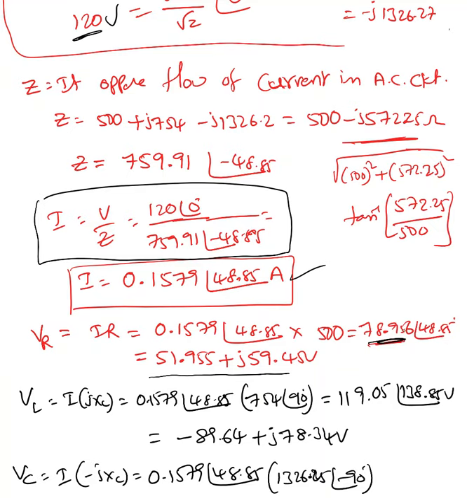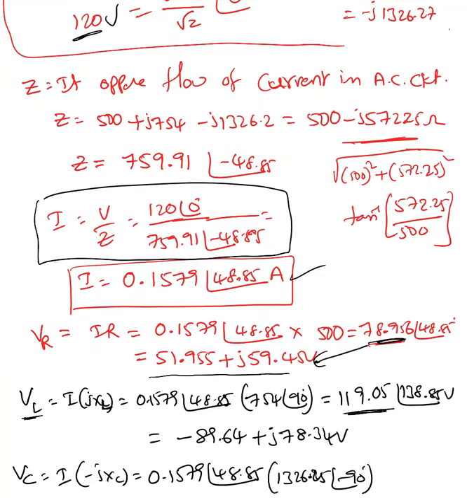This is in polar format, so I'm converting that into rectangular format. When I convert it to rectangular format, this is the voltage. Now the voltage drop across the inductor is I times jXL. So 0.1579 at an angle of 48.85, and jXL is 754 at an angle of 90. That is 119.05 at an angle of 138.85. So VL is minus 89.64 plus j 78.34 volts.